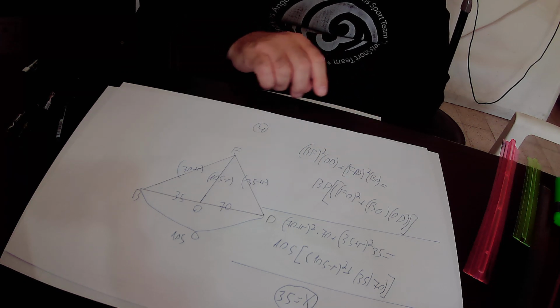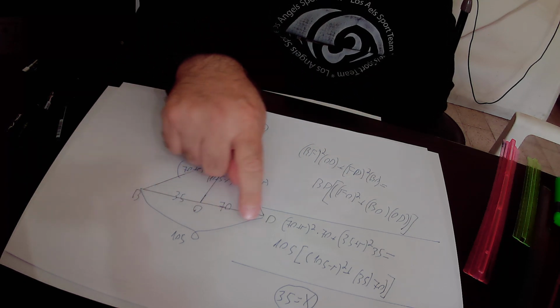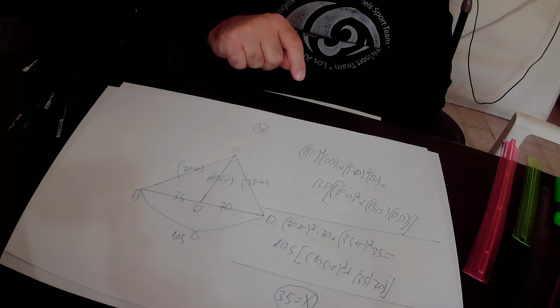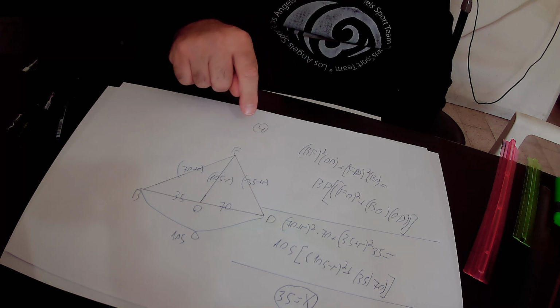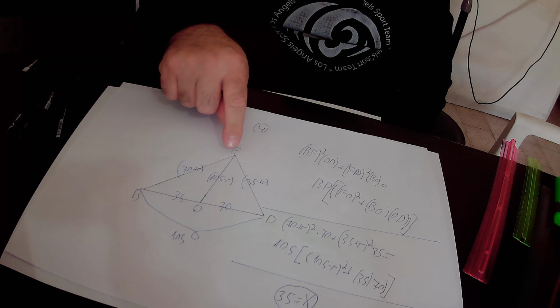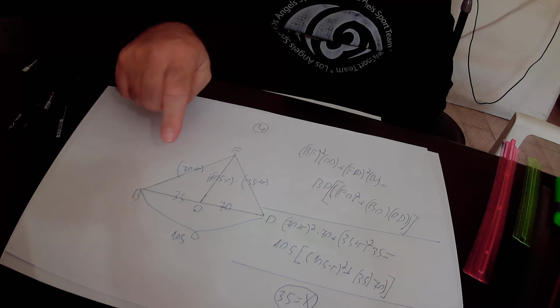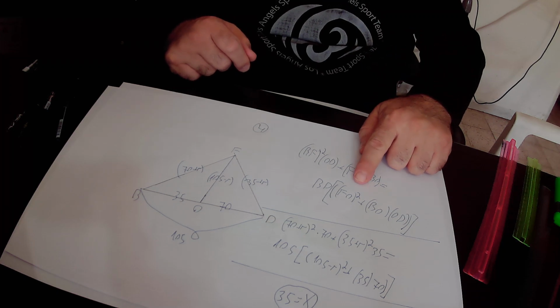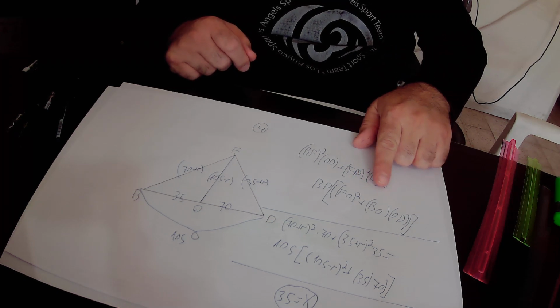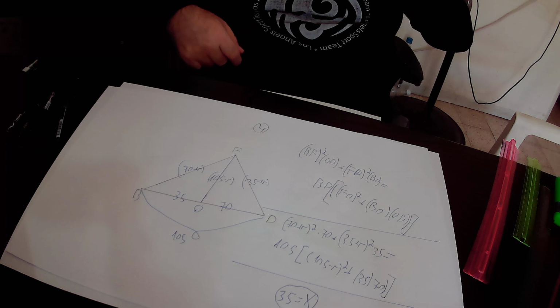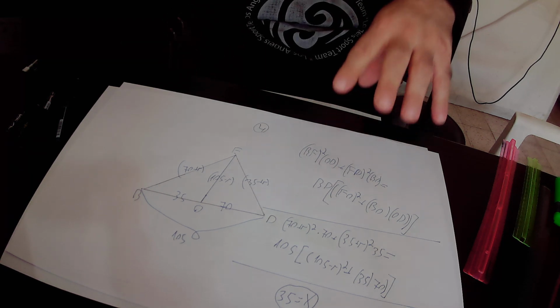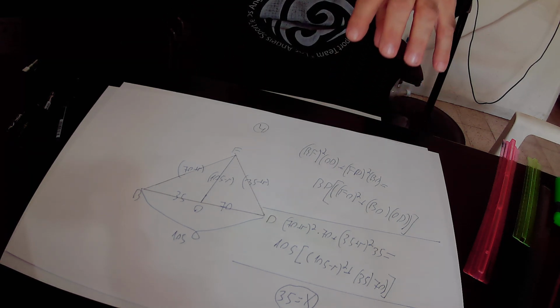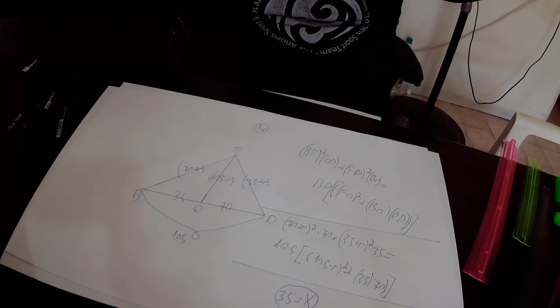It must be equal to BD times (FO squared plus BO times OD). So this equation is the implementation of Stewart's theorem in our triangle FBD.